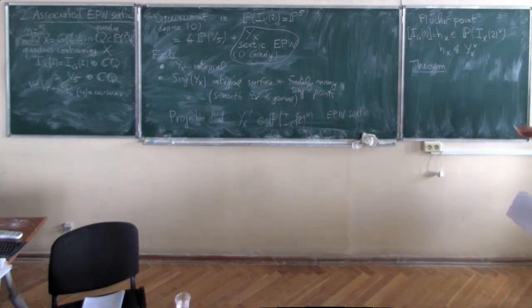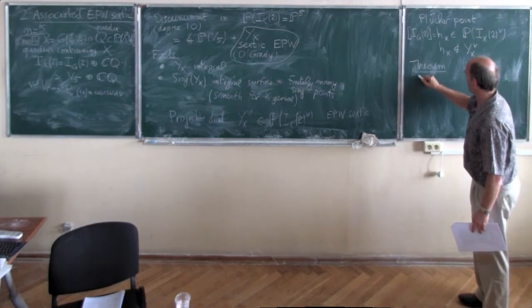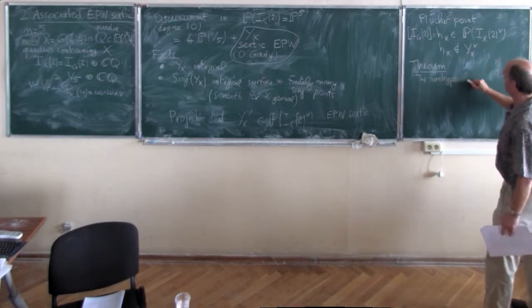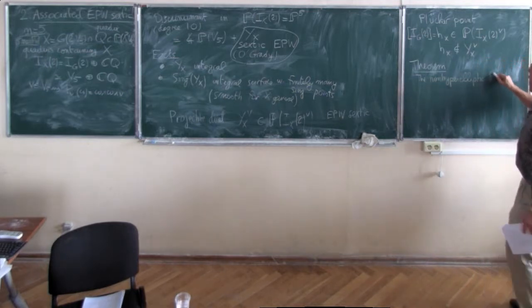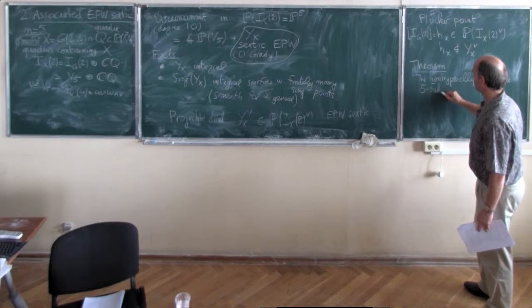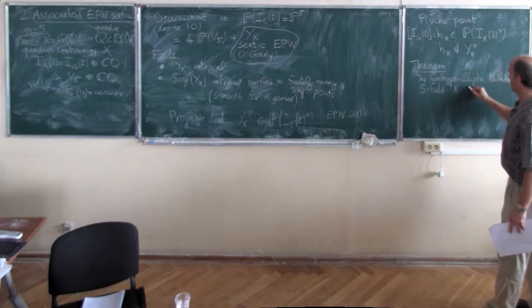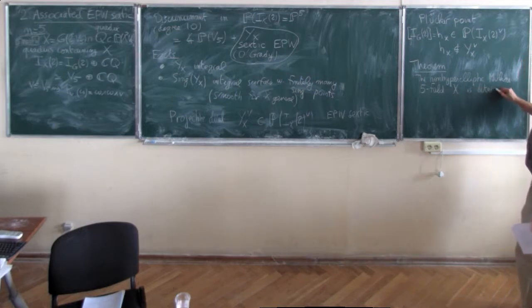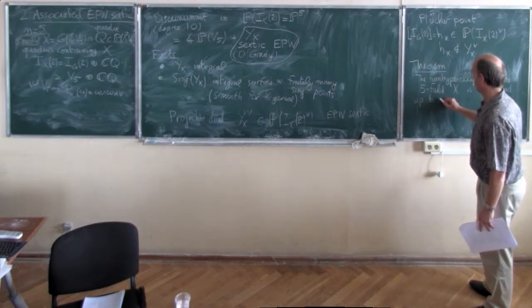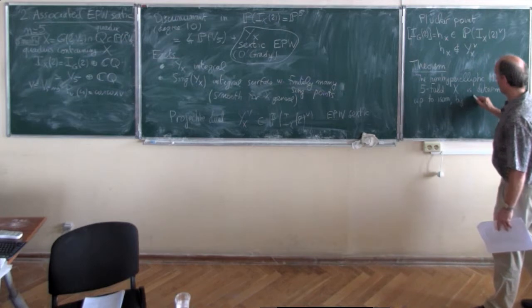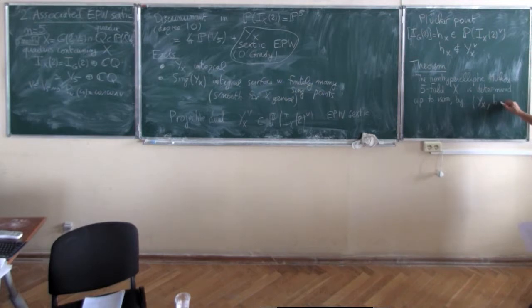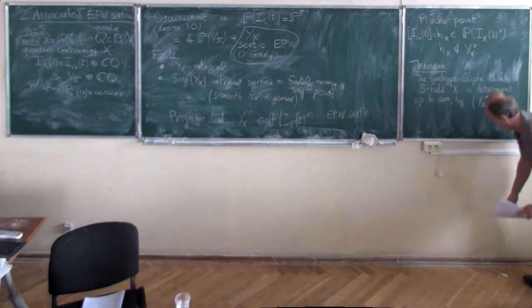So the theorem is that the non-hyperelliptic fivefold X is determined up to isomorphism by the pair consisting of Y_X or Y_X dual, it doesn't matter, and this Plücker point.